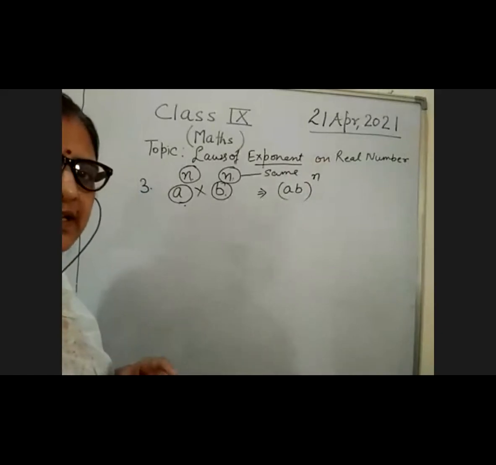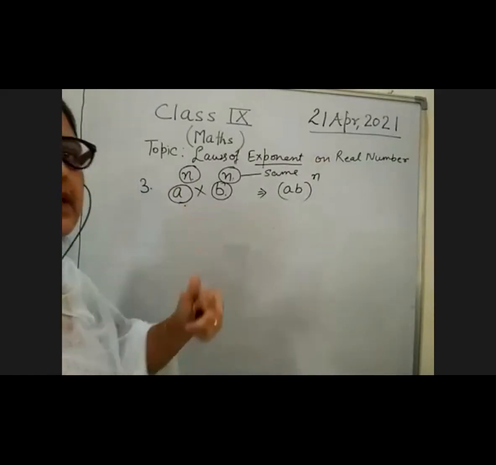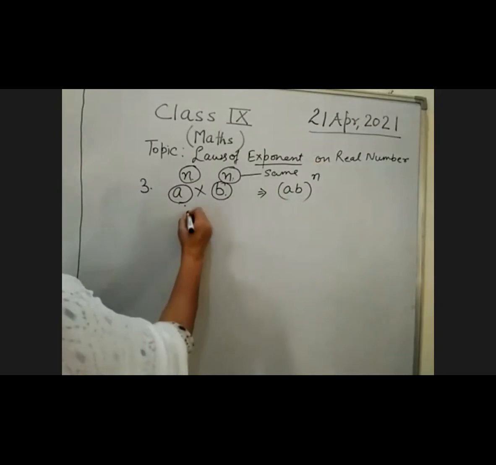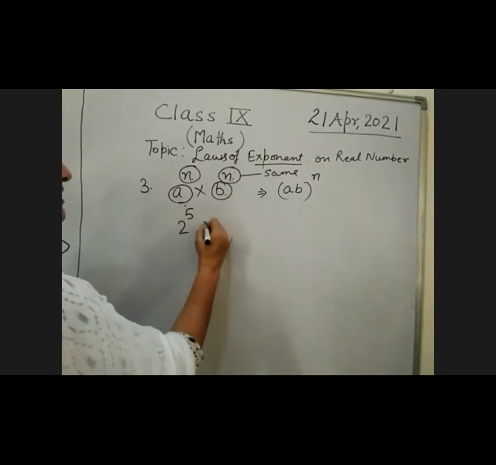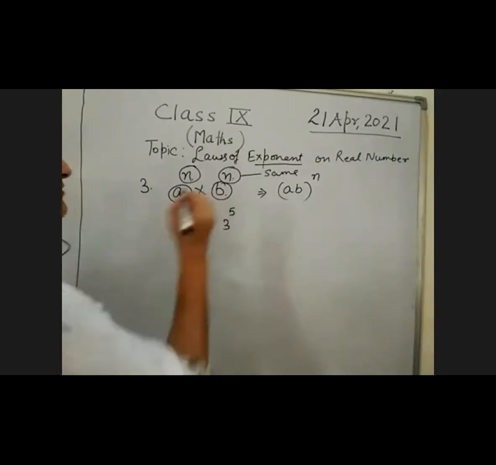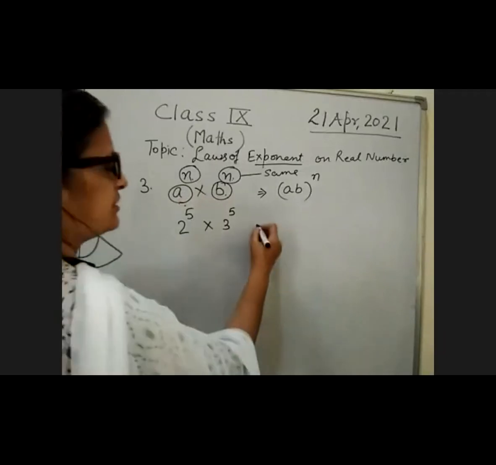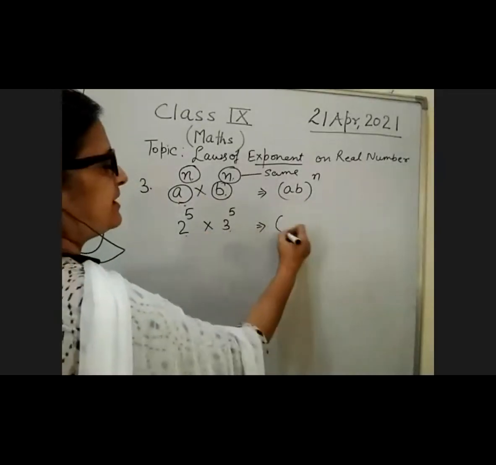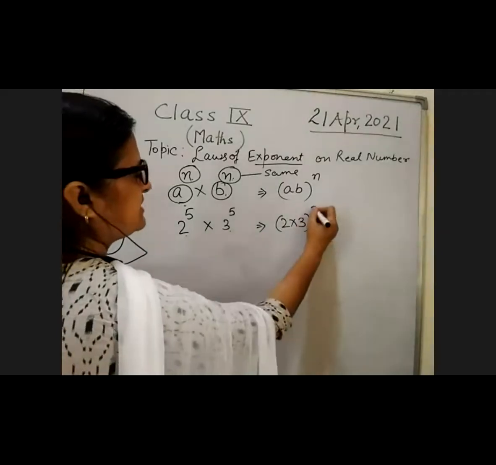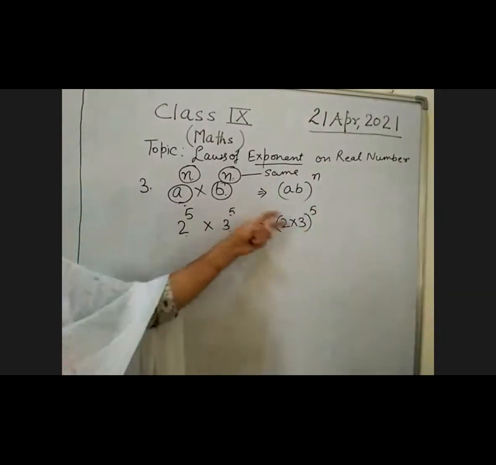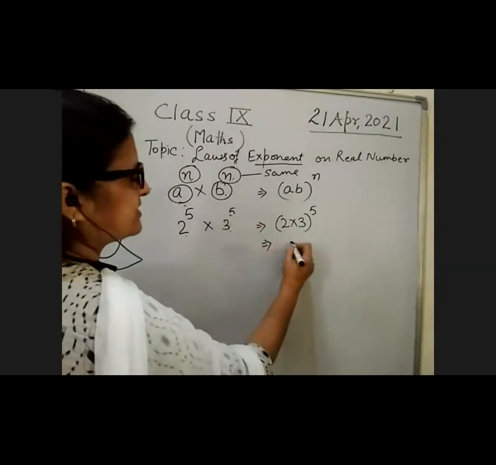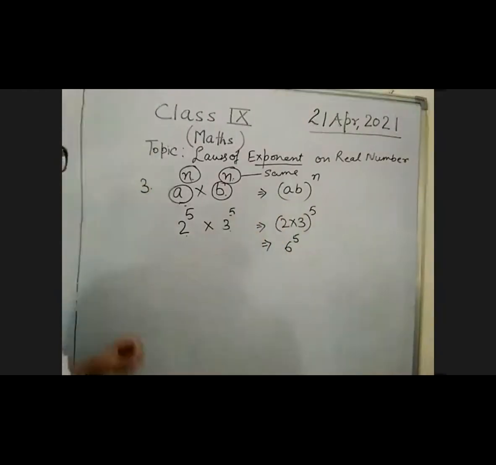Like this: 2 raised to the power 5 into 3 raised to the power 5 is equal to 2 multiplied by 3, and the power remains the same. So it is equal to 6 raised to the power 5.